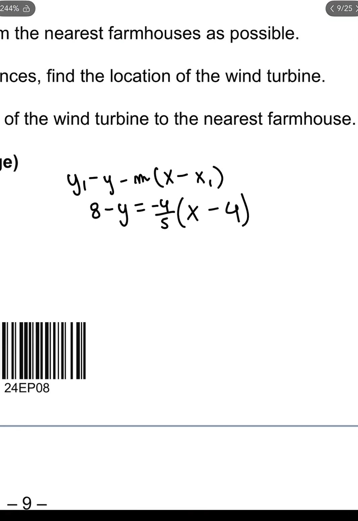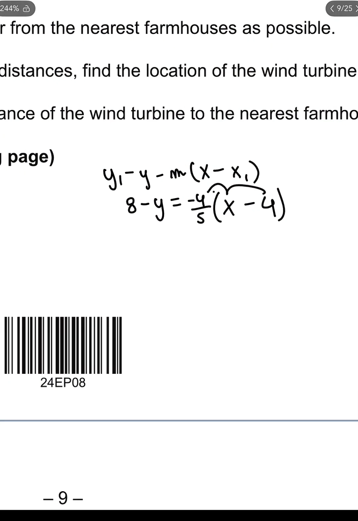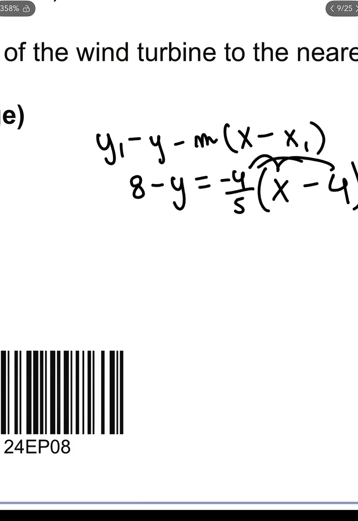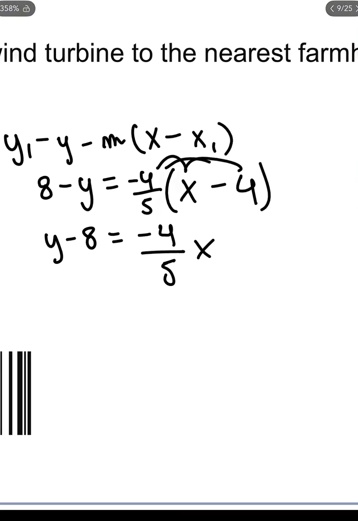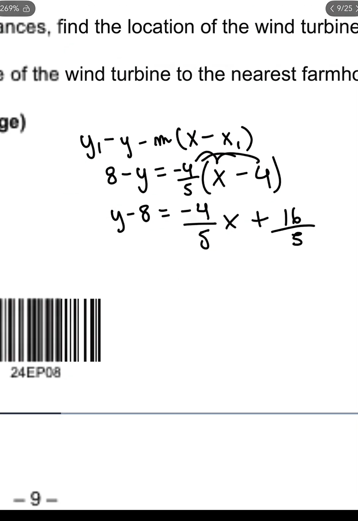Okay, so now I have to distribute my negative 4 over 5, which gives me y minus 8 equals negative 4 over 5x plus, since the negative times the negative is a positive, negative 4 over 5 times negative 4, which is 16 over 5.